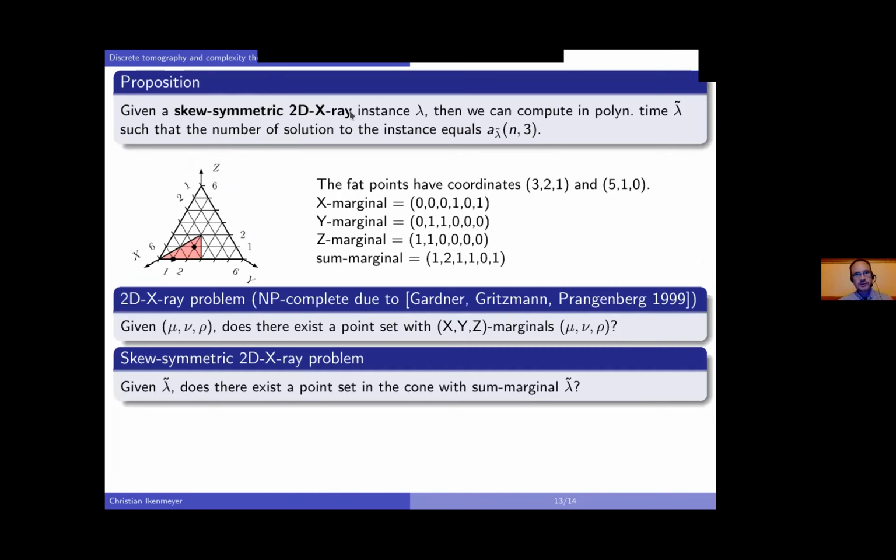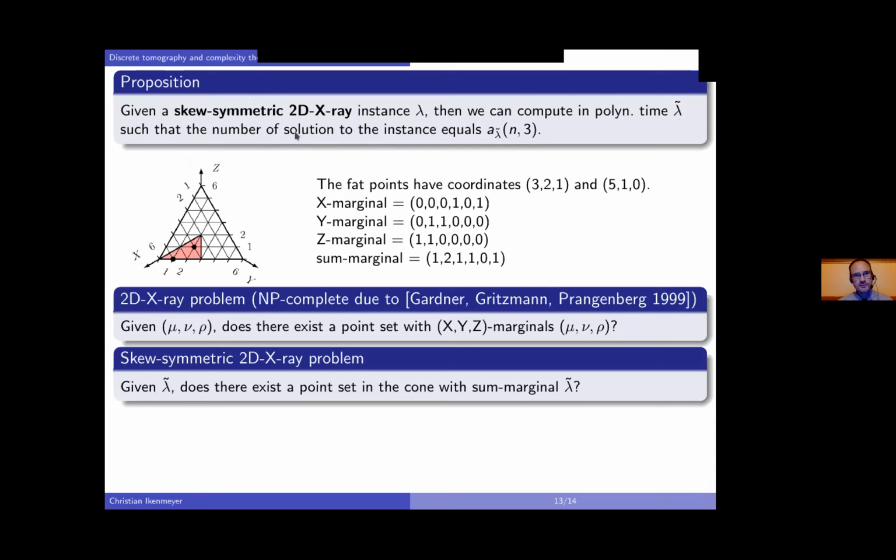Somebody gives you an instance of a problem, the skew-symmetric 2D X-ray problem. Then you can compute a lambda tilde such that the number of solutions to this problem equals the Plethysm coefficient. This is now possible and not too difficult to do because you have a set of combinatorial objects, right?